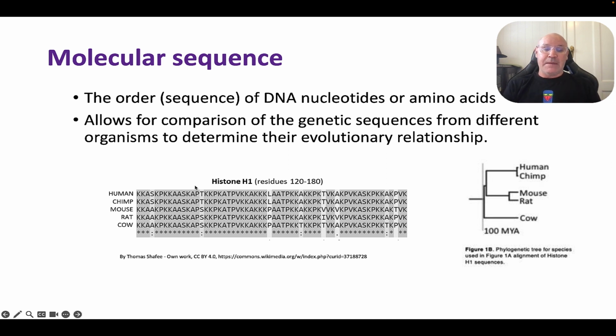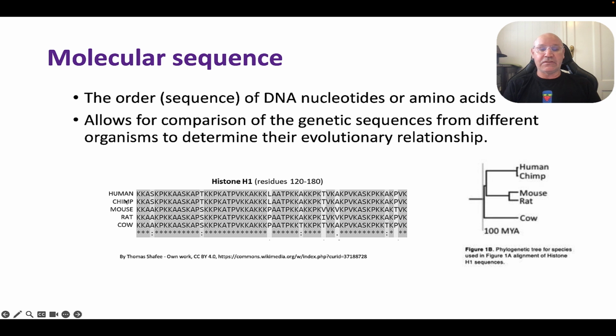So here's an example of a molecular sequence. It's certainly not A's and G's and T's and C's, so it's not DNA. Perhaps it's amino acids, but the point is it's a sequence. And you can see that we're looking at comparing different species here. And if we're having a look, we would assume that the human and the chimp are most closely related. And you see all of these ones that are in grey across all of these species are the same.